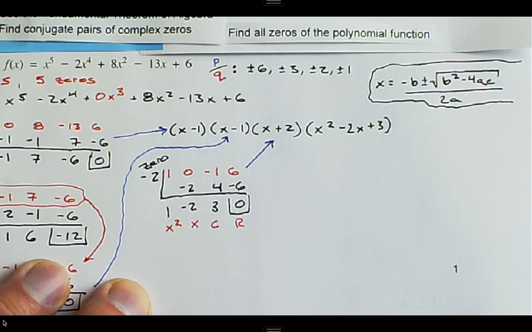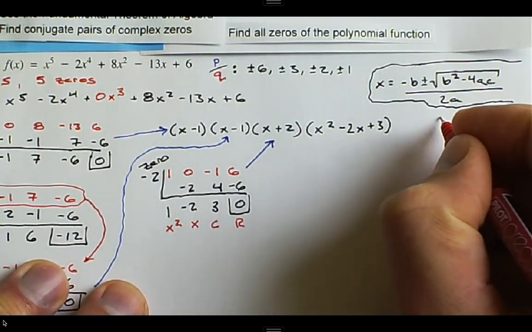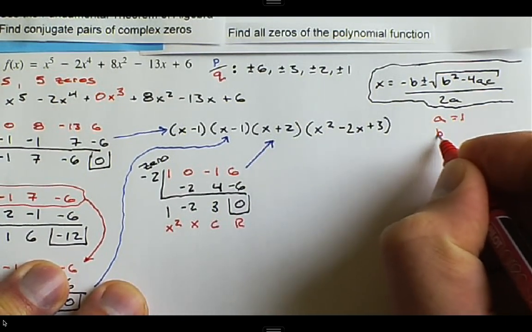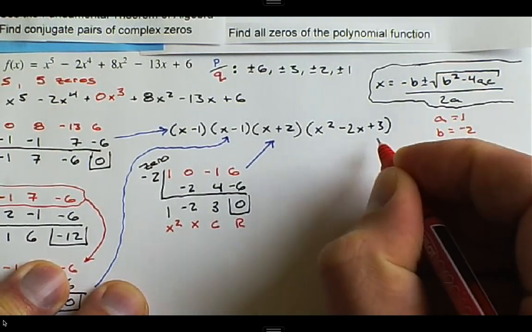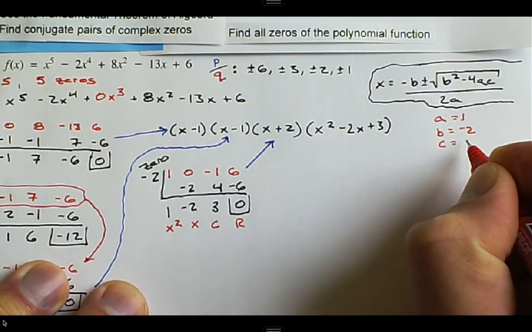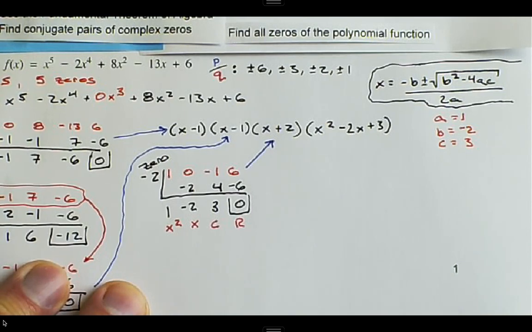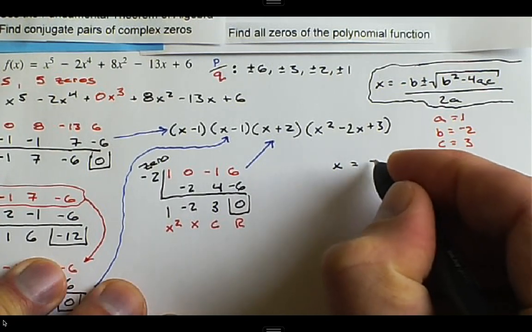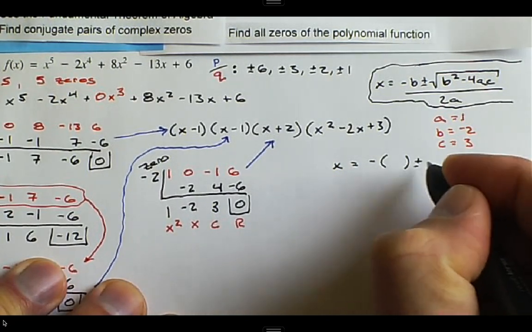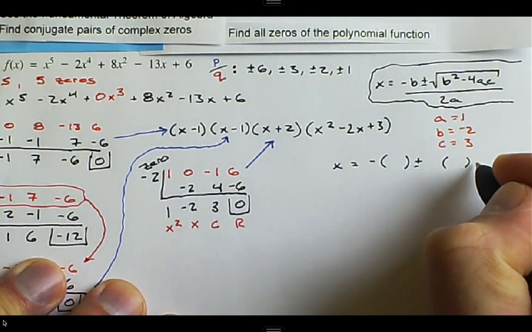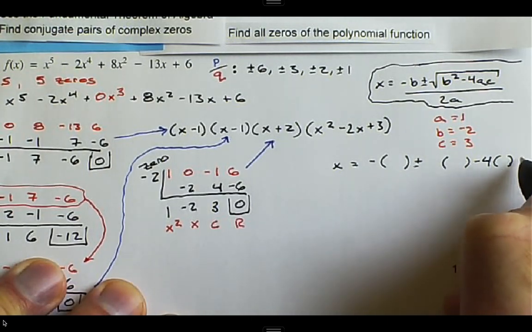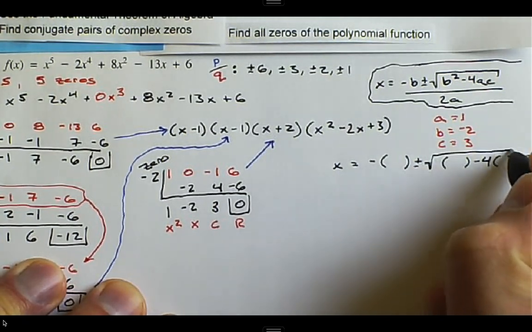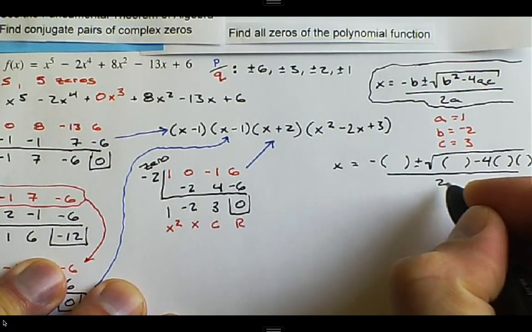So we're going to use that quadratic formula, and in this case, a is equal to 1, b is equal to -2, and c is equal to 3. So we can substitute those into the equation. For the quadratics, we get x equals -b plus or minus the square root of b squared minus 4 times a times c, and then all over 2 times a.